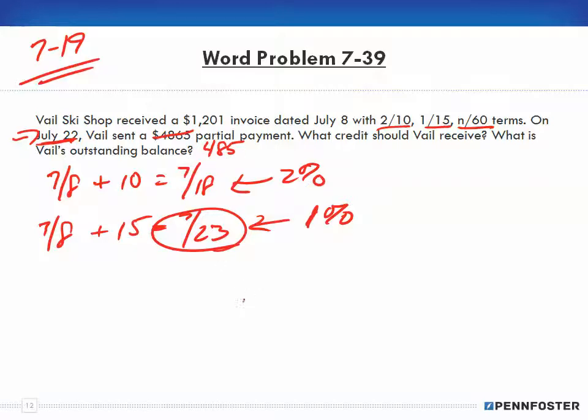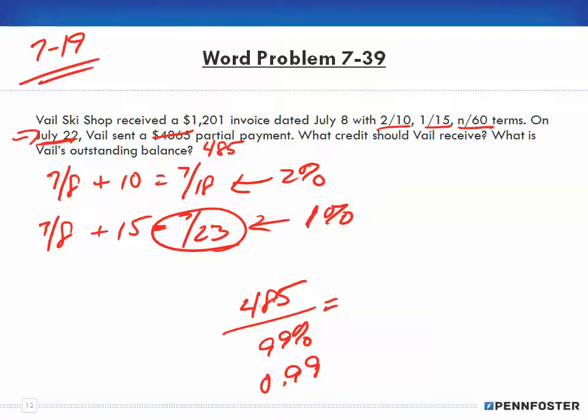Okay, so if I'm paying $485 and I have a 1% discount, I'm going to divide by 100% minus 1%, which is 99%. So that's 0.99.